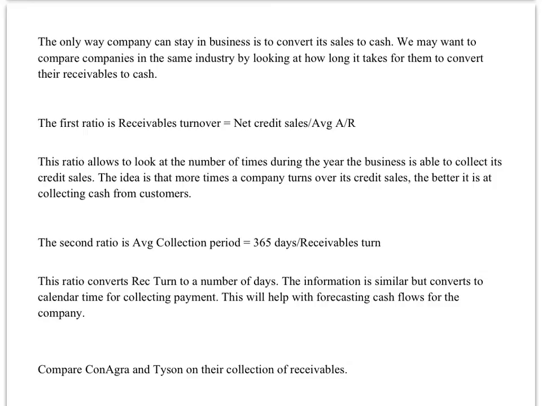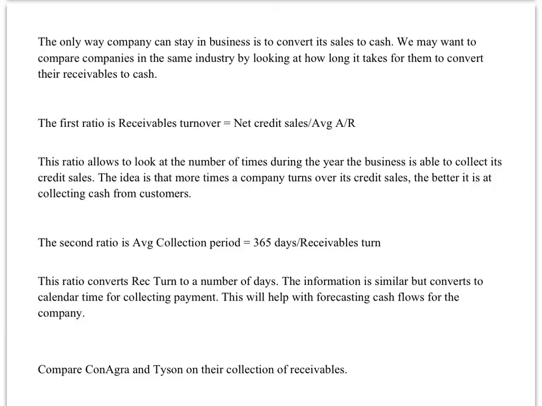The stuff that we've been looking at this semester. So you want to keep in mind that you want to compare within the same general industry when you're doing this. So the first ratio we'll look at is the receivables turnover ratio.